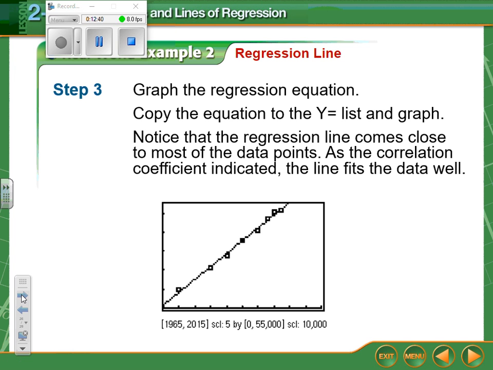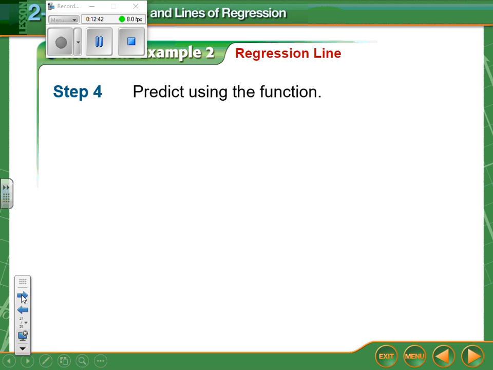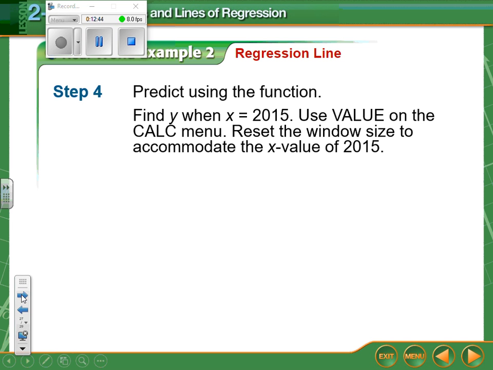Now the next thing we want to do is try to predict what is going to happen in 2015. It says use value on the calc menu. I'm not familiar with using value on the calc menu. Maybe some of you are.